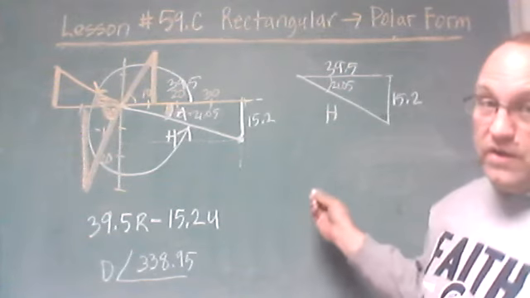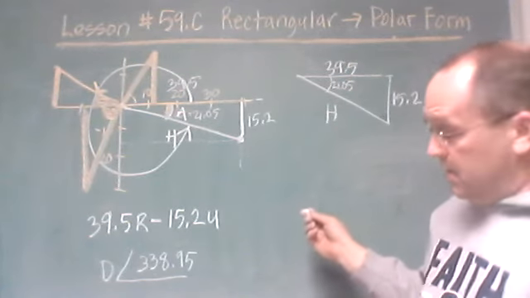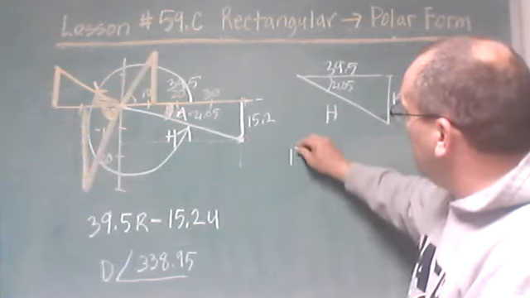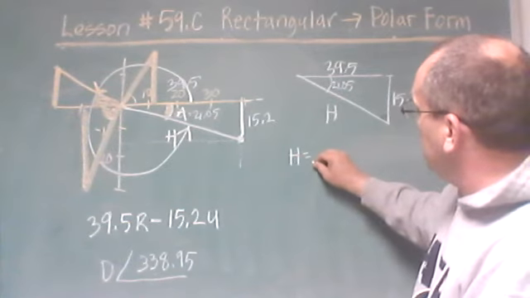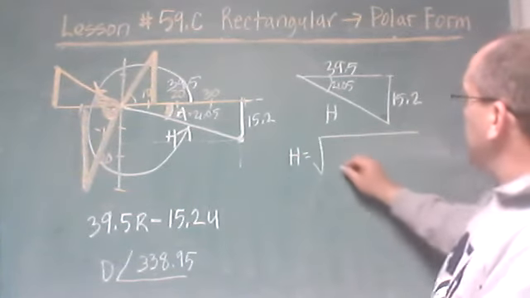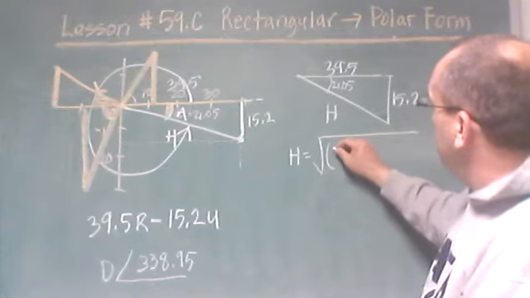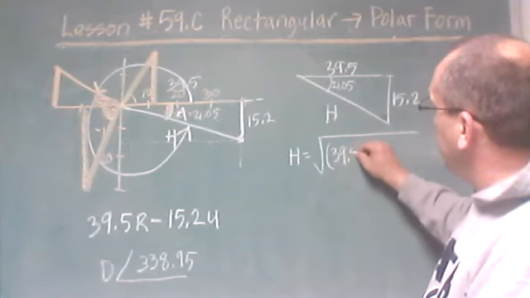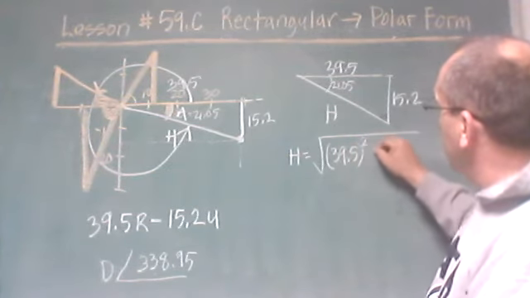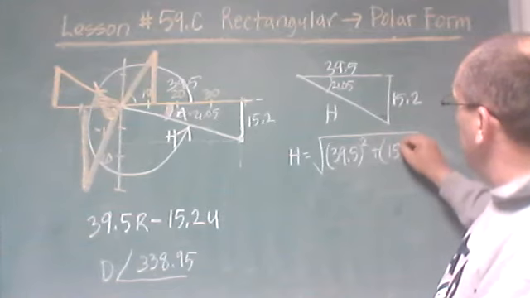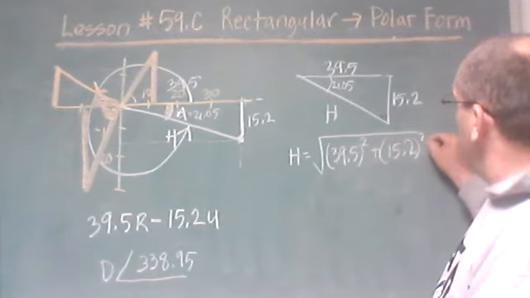Now, we can certainly use the Pythagorean theorem if you would like. When we do that, the hypotenuse ends up being the square root of the sum of the squares, 39.5 squared plus 15.2 squared.